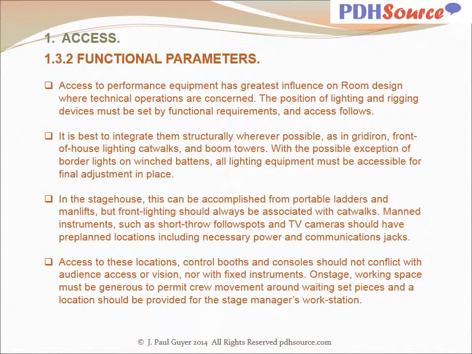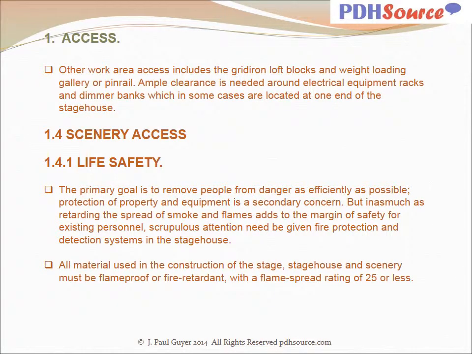On stage, working space must be generous to permit crew movement around waiting set pieces, and a location should be provided for the stage manager's workstation. Other work area access includes the gridiron loft blocks and weight loading gallery or pin rail. Ample clearance is needed around electrical equipment racks and dimmer banks, which in some cases are located at one end of the stage house.